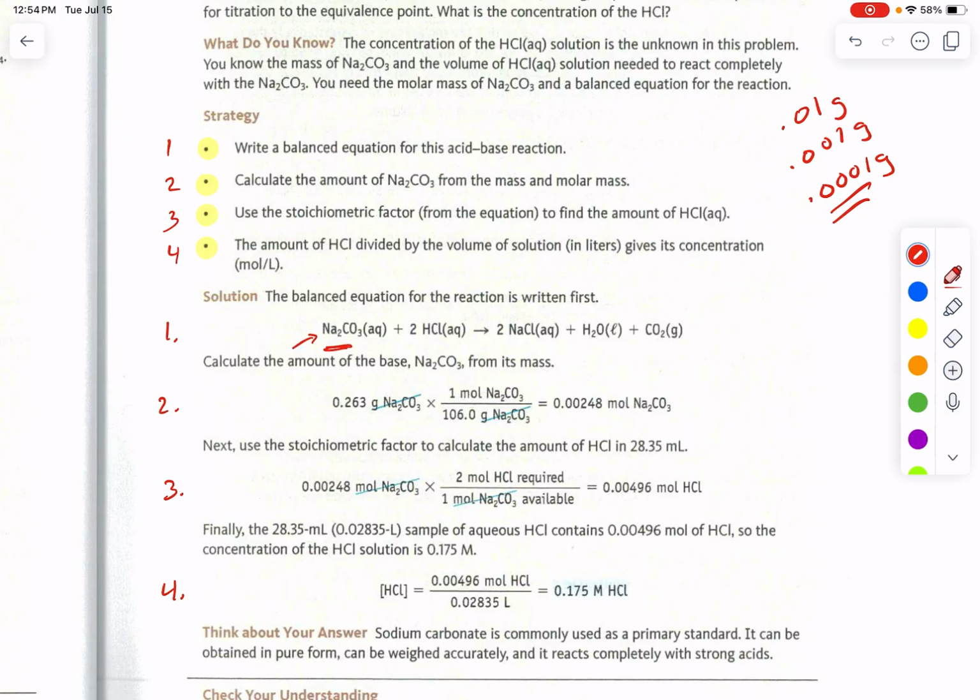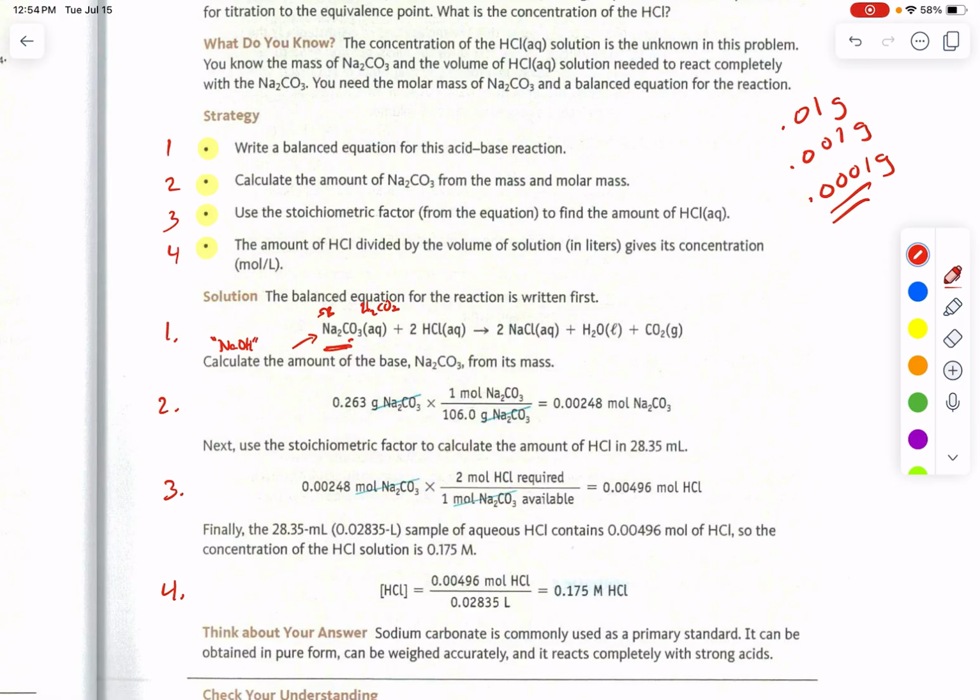language that we'll use again second semester, but sodium is the conjugate acid of a strong base. It comes from a strong base, for example, sodium hydroxide. And so the sodium part is from a strong base. The carbonate part is from the weak acid, carbonic acid.